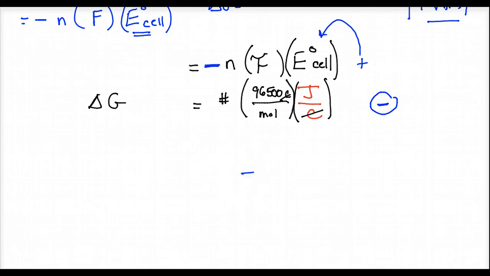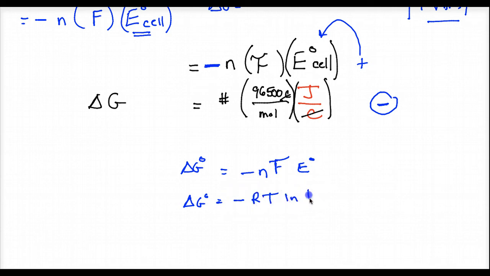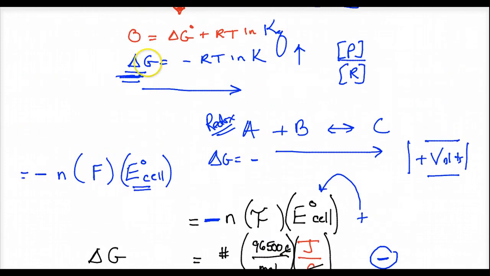So delta G is equal to negative n, my fancy F, and then, of course, E of cell, and that's equal to delta G naught, which is from the table, standard conditions. And I also know that delta G naught is equal to negative RT ln of K. And I noticed my mistake up here. This should have been a naught symbol.